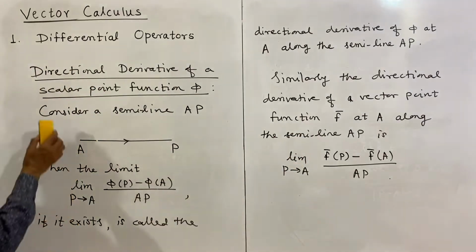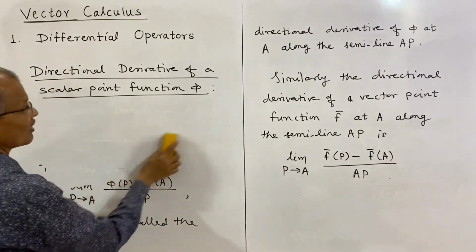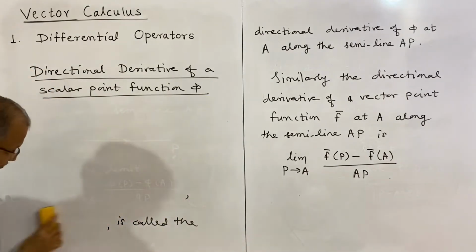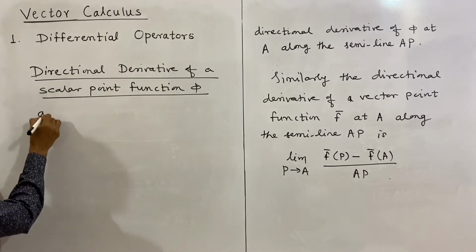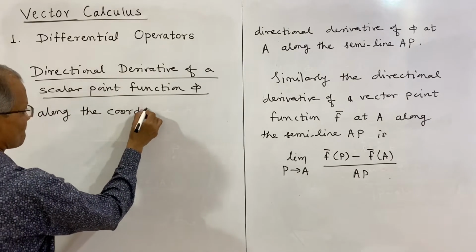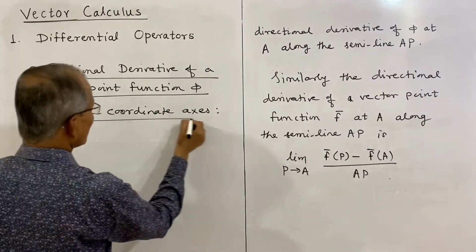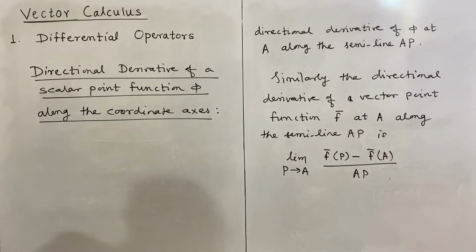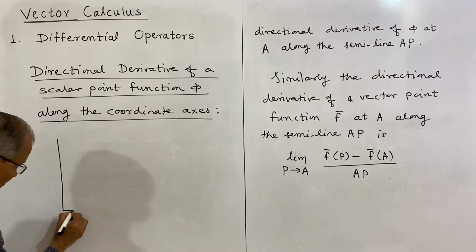So this is the definition for directional derivative of a scalar point function and of a vector point function. Now we shall consider directional derivative of a scalar point function along the coordinate axis. First we consider the directional derivative along the positive coordinate axis, and for that purpose we shall draw this figure.